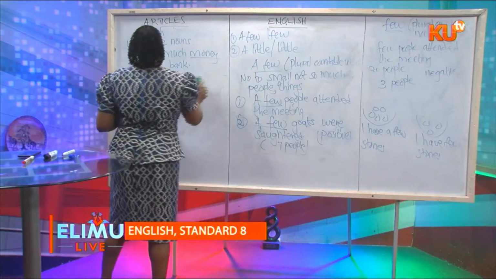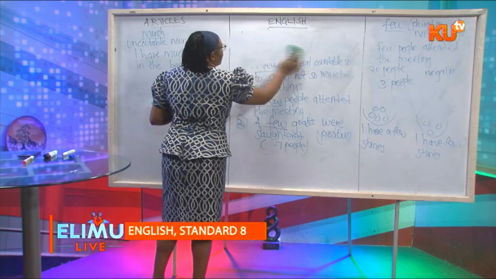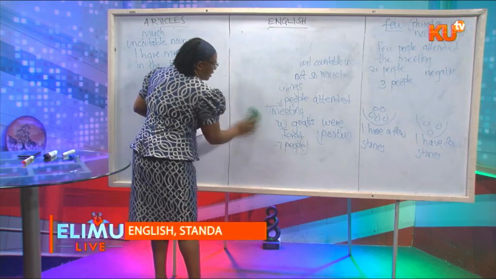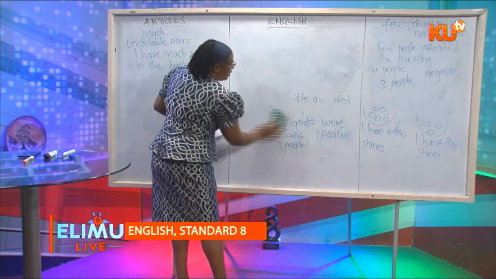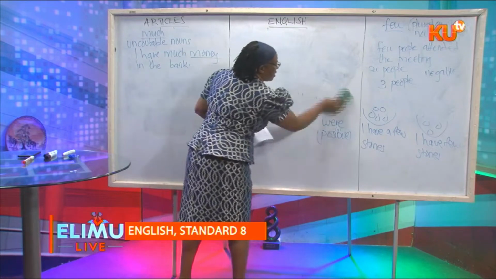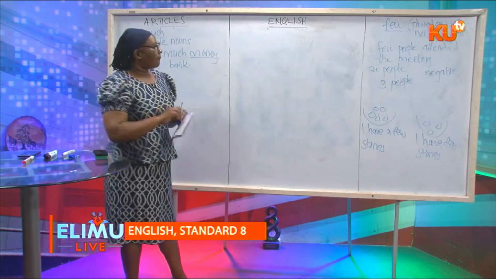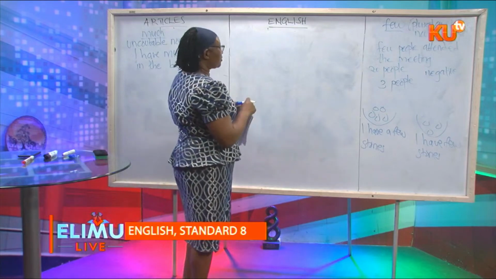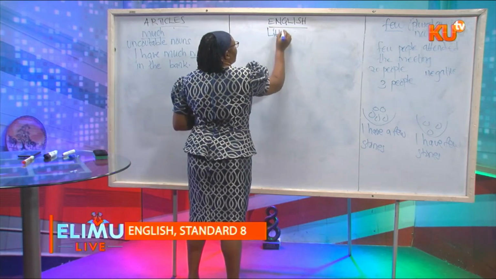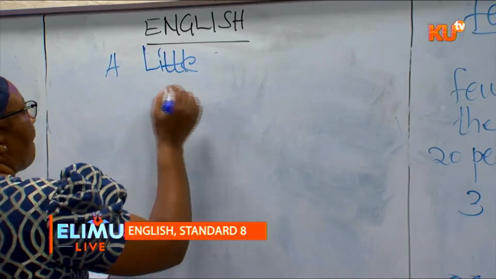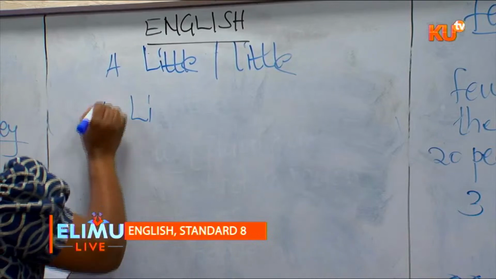Now we look at the use of little and a little. From what I've explained, those who are usually confused in the use of a few and few are now in a better position, and the same rules apply to the use of little and a little. So we start with a little.